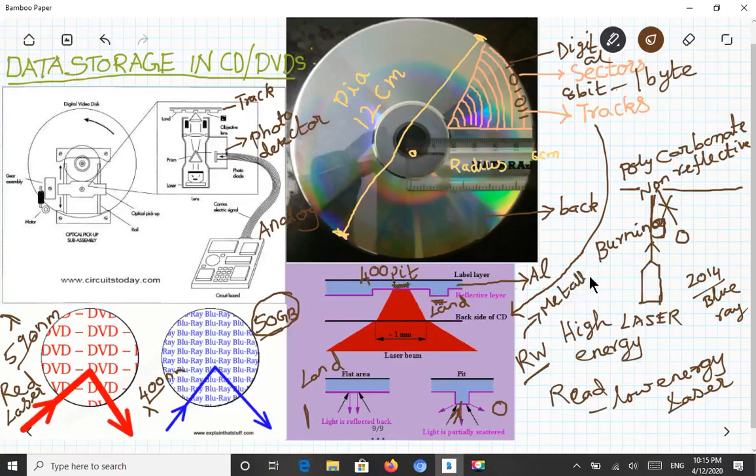So they will use metallic crystals, and crystal means there will be an ordered arrangement. So this laser will disturb this order to make it amorphous again, and then amorphous to ordering it again to the crystal. So there will be a different layer here.